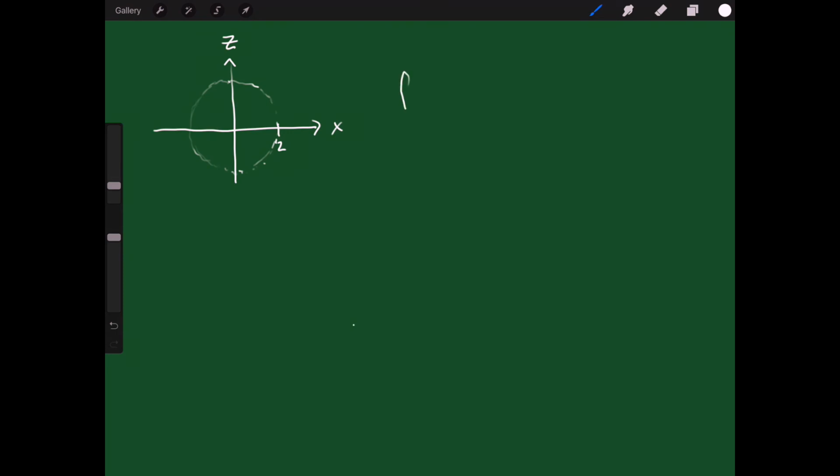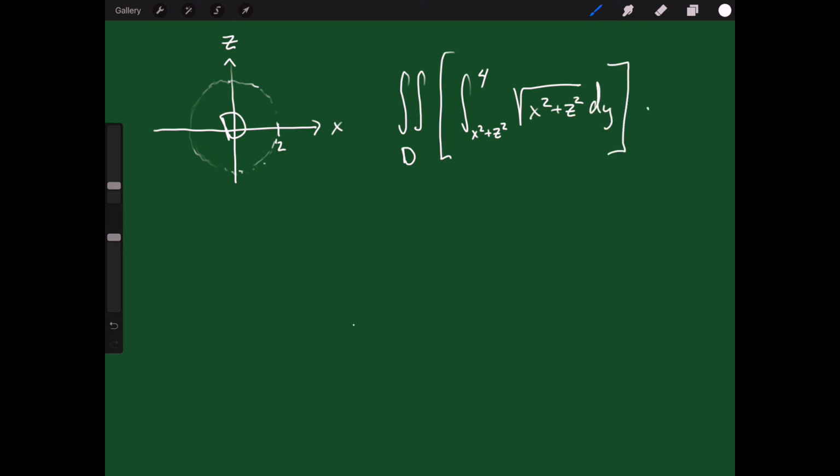So let's see what we've got right now. So far, I've got an integral in 2 dimensions over this, let's call this region capital D. I want to integrate over D of the integral from x squared plus z squared to 4 of the square root of x squared plus z squared dy, and then I need to integrate over the area of this region, D, right?